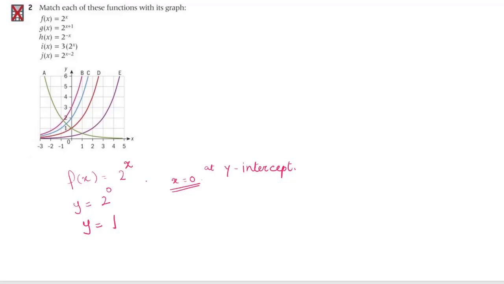Here it is. Okay, so this represents F. Okay, g of x is equal to 2 to the power x plus 1. Let us just check this one also. g of x, put x equal to 0.